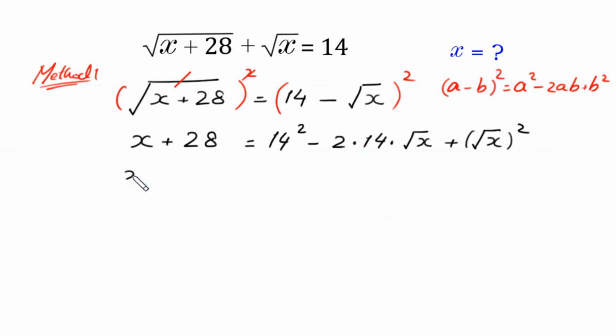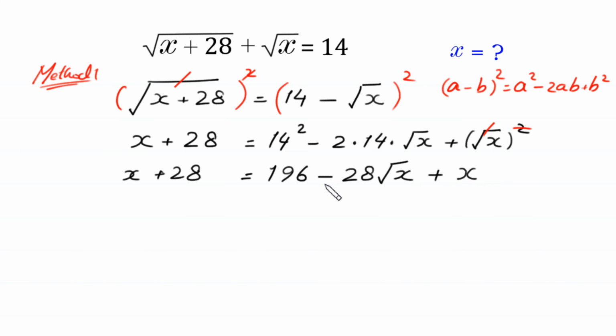Next, x plus 28 is equal to 14 squared, which is 196, minus 2 times 14, 28 times square root of x, plus this square will be cancelled out with this square root, and here is left x.